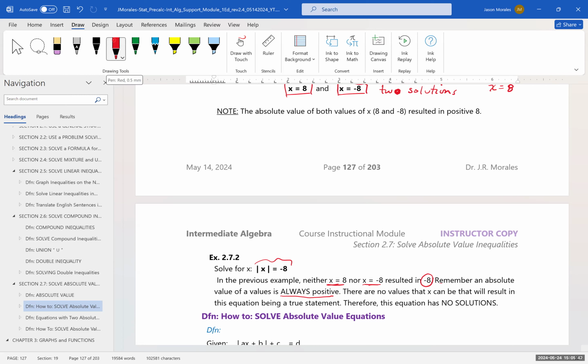There are no values that x can be that will result in this equation being a true statement. Therefore, this equation has no solutions. So whenever you see the absolute value of some number equals a negative value, there's going to be no solutions.